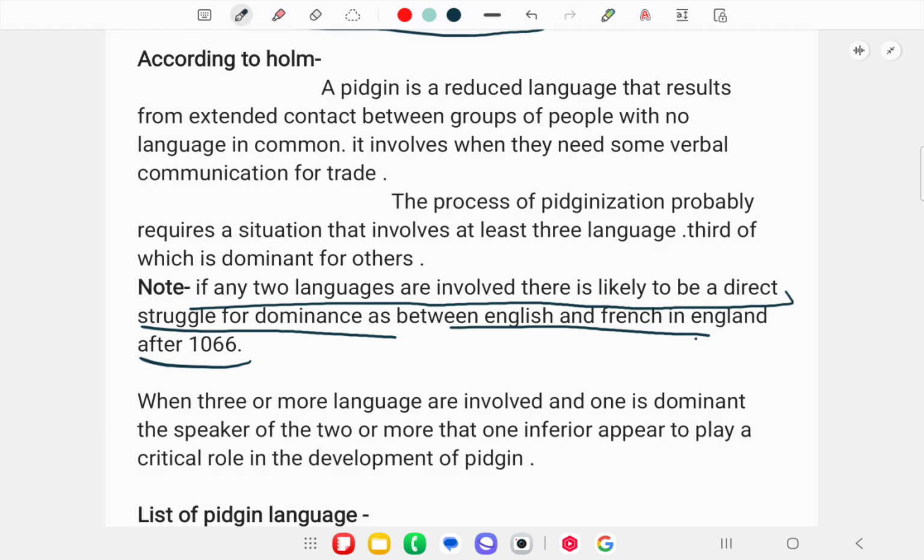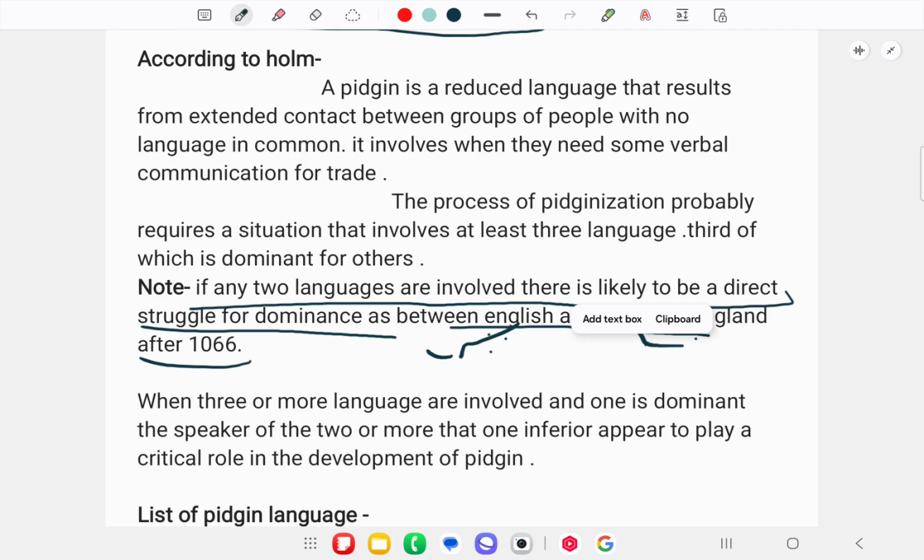The language of William I was French and King Harold's was English. When William I defeated King Harold, the people of the country had the common English language, and the people from Normandy had the Norman French language. So whenever they had to communicate, they had to struggle over the language.